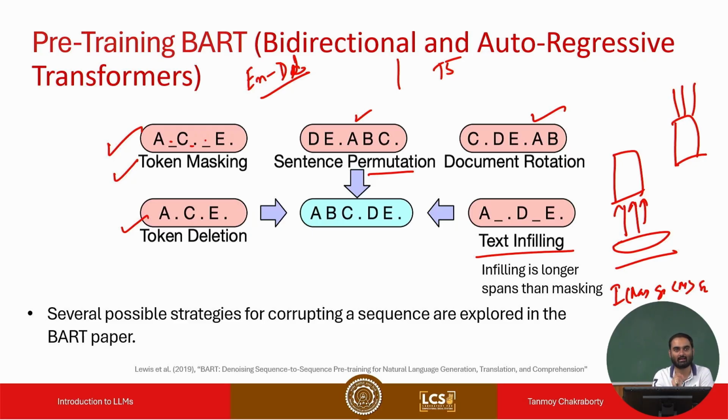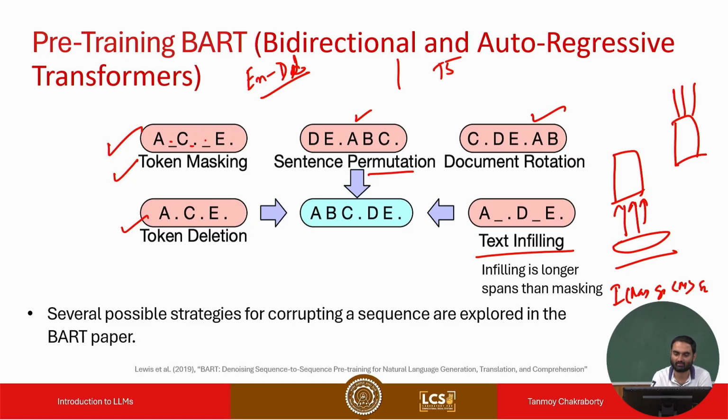So your input is "I mask to school". The difference from token masking is that here you select a span. Now span length, how do you choose it? Again, you can think of a distribution. From the distribution, you sample a span length, and accordingly you corrupt your input.